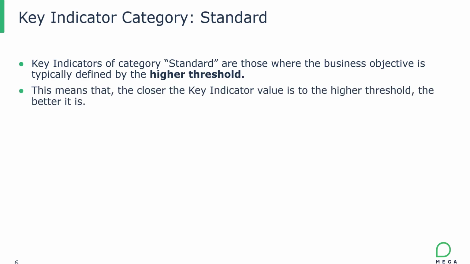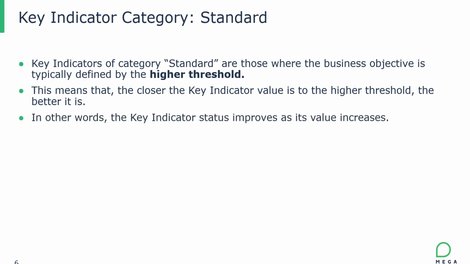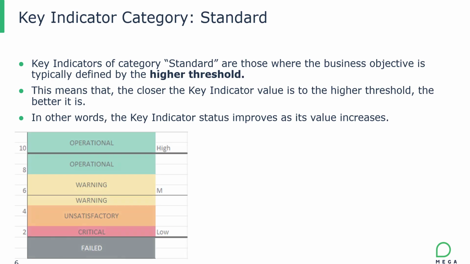This means that the closer the key indicator value is to the higher threshold, the better it is. In other words, the key indicator status improves as its value increases. Let's take a look at a practical example.